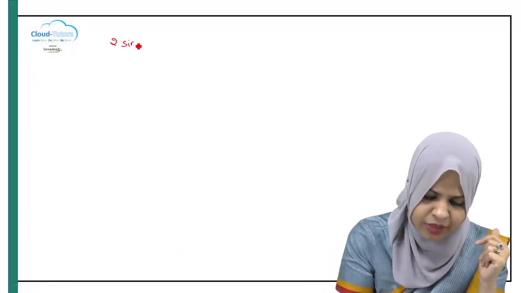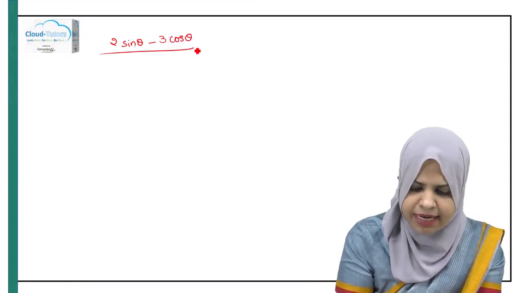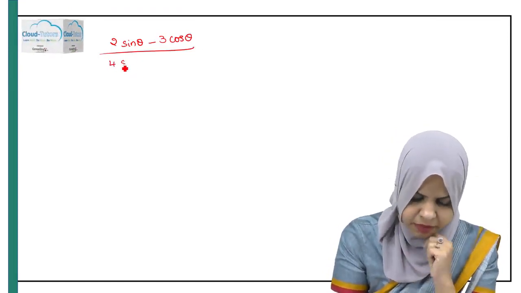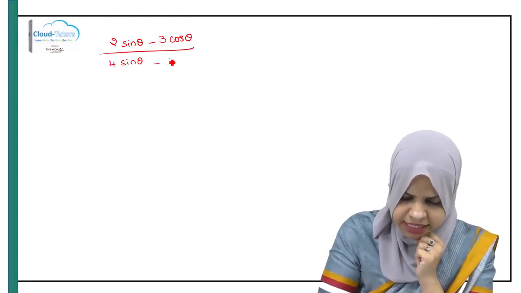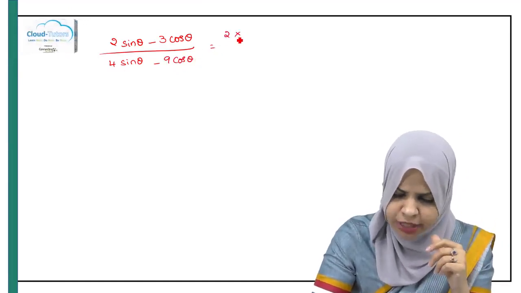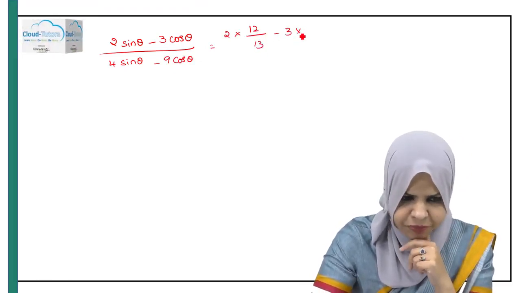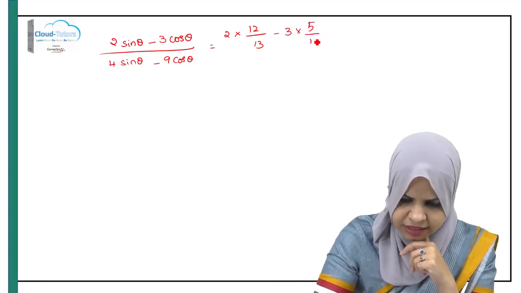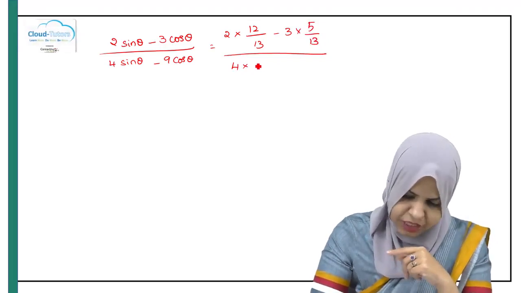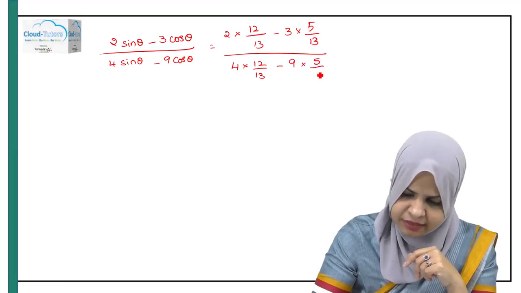I'm rewriting the question. 2 sin theta minus 3 cos theta by 4 sin theta minus 9 cos theta is equal to, sin theta value is 12 by 13, so 2 into 12 by 13 minus cos theta value is 5 by 13, whole divided by 4 into 12 by 13 minus 9 into 5 by 13.